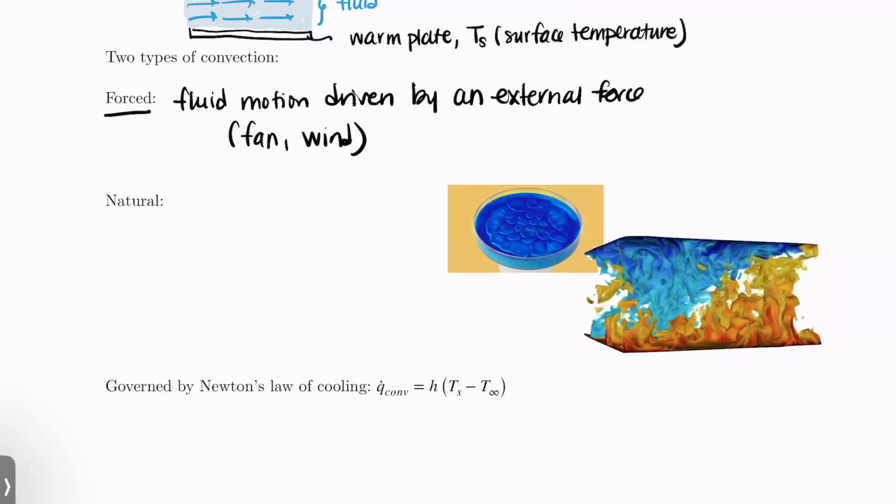And then there's also natural convection, which is actually really cool. I find this very interesting. This is where fluid motion is being driven by differences in density caused by there being a temperature gradient. So when a gas is hotter, it's less dense, and so that will cause mixing naturally, hence natural convection.